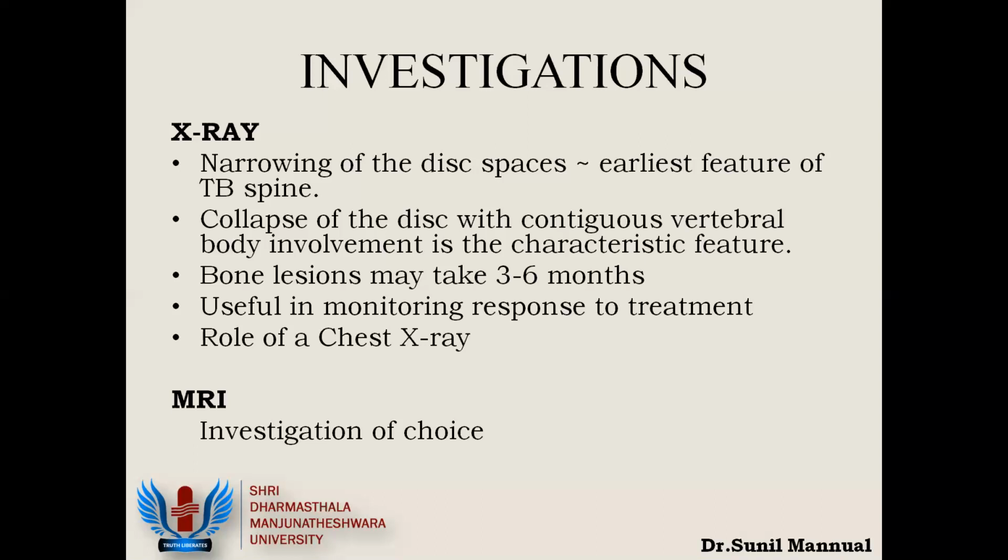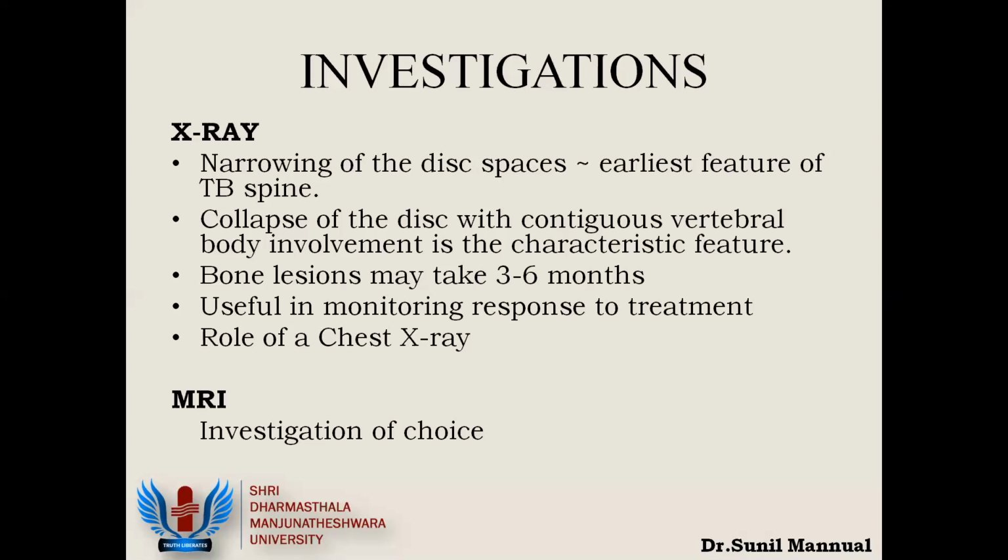The other thing is the characteristic feature of tuberculosis is, as I mentioned, collapse of the disc with contiguous vertebral body involvement. That is the characteristic feature. Occasionally, you can have something called skip lesions, where you will have TB lesions in two vertebrae, and above in some other vertebral segment, or below in some other vertebral segment, you may have another secondary lesion of tuberculosis.